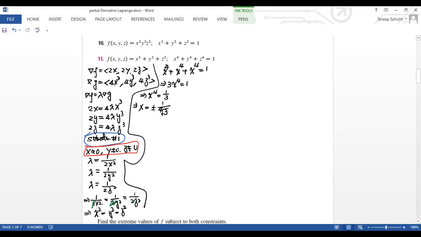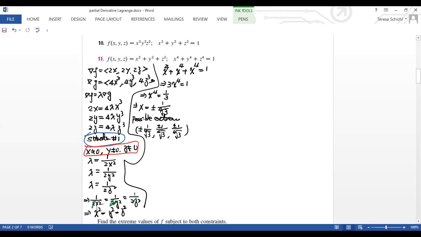Okay, so my possible extreme points for situation number 1: x equal to here, I have so many possibilities. I have 1 over the fourth root of 3 for each of x, y, and z, with plus minus, plus minus, so you can have all kinds of combinations.